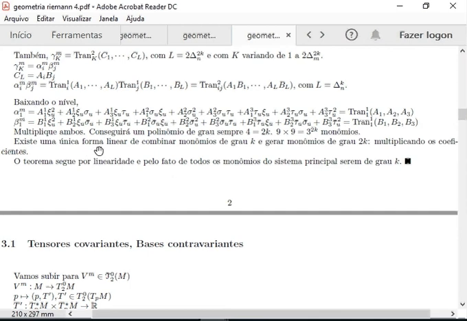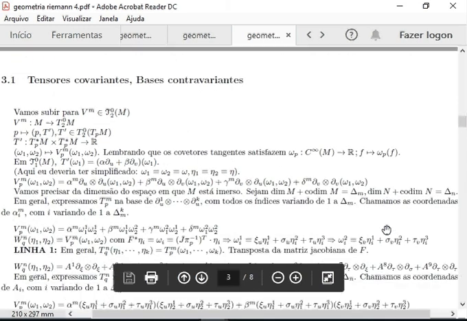There is only a linear form combining monomials of degree k and generating monomials of degree 2k, multiplying the coefficients. The theorem holds by linearity and by the fact that all monomials of the main system are of the same degree k. Black square.